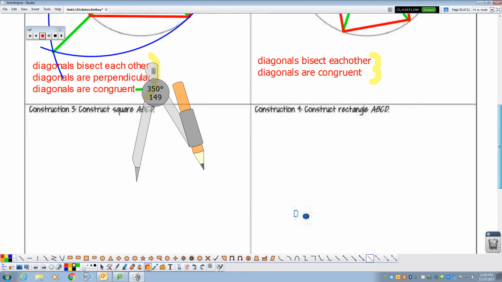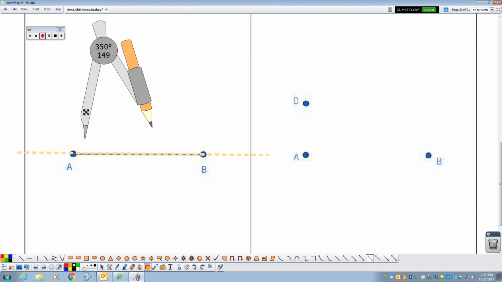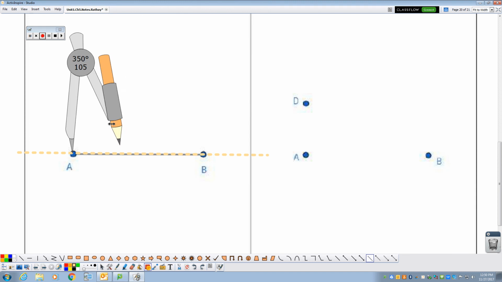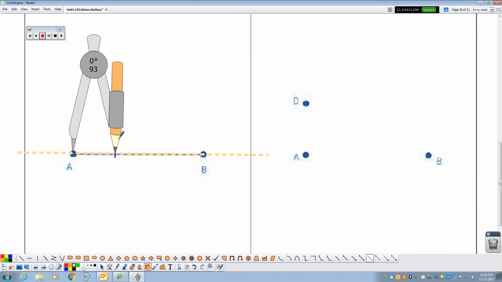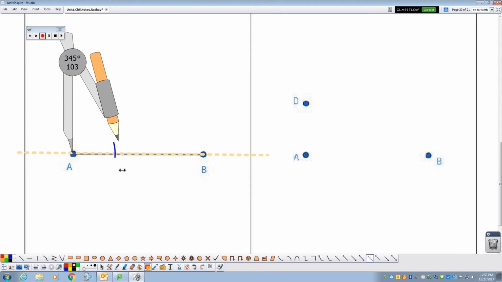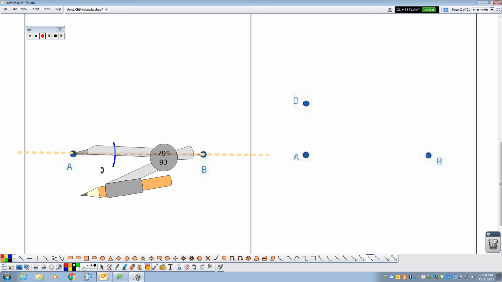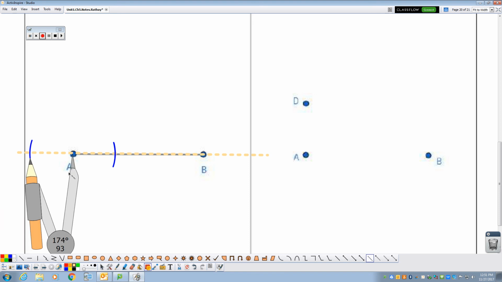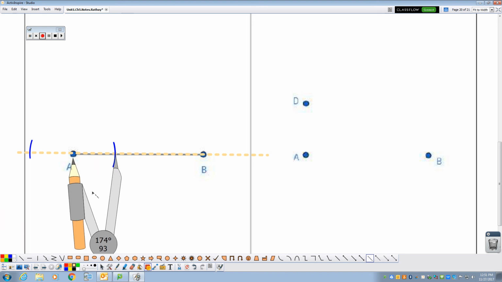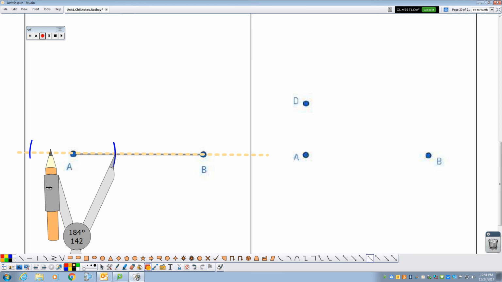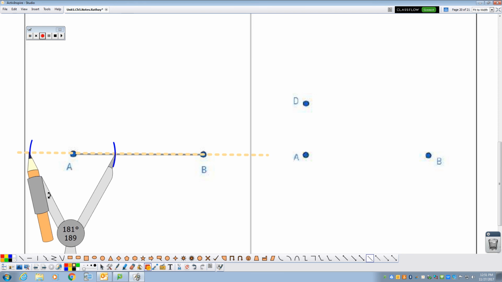To make a right angle at A, I'm going to draw an arc on either side of A, so that now A is the center point of that arc. Next, I'm going to do the perpendicular bisector of that segment that I just found.